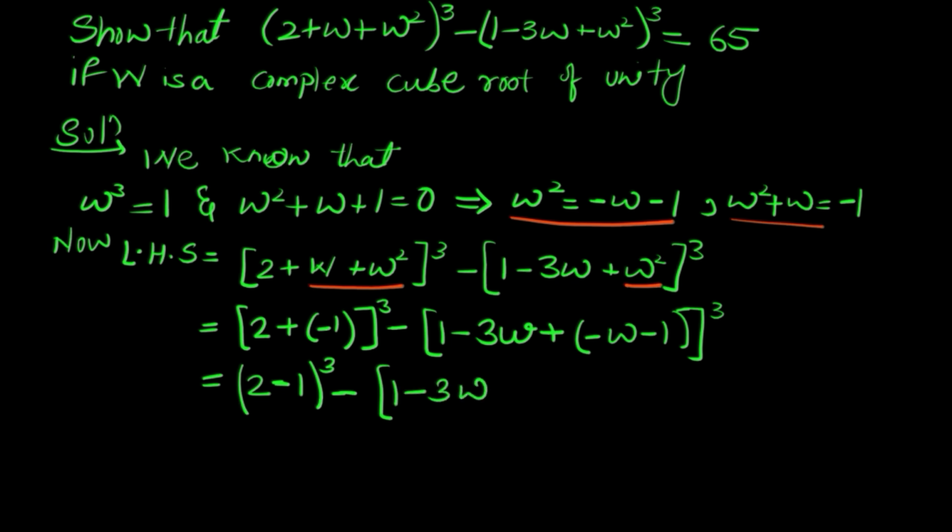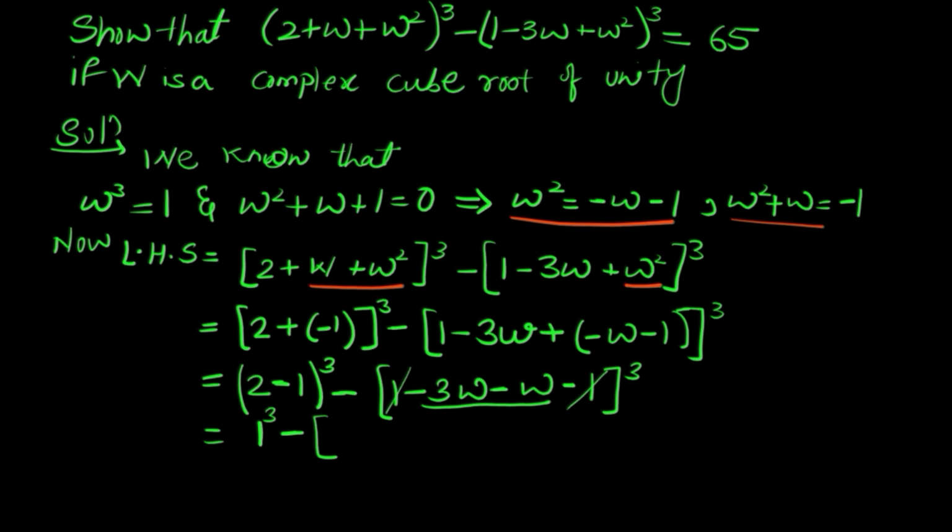Here plus, we have to open the bracket, plus minus w plus minus 1, the whole. 2 minus 1 is 1, the whole cube, minus bracket here: minus 3w minus w is minus 4w, and minus 1 and plus 1 cancel.